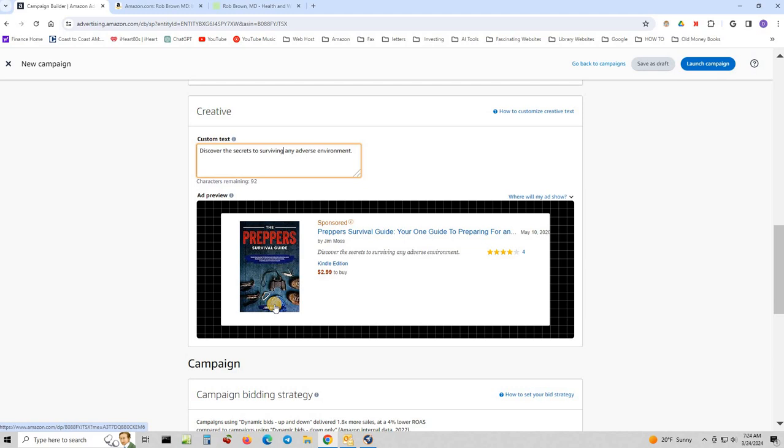So once again, I cannot reiterate: your book cover, the image, is like a display ad, and the book title, which needs to be the keyword, is your headline. So the more your book title looks like a headline, an ad headline, the more it will convert. People buy headlines. They generally don't buy books. On Amazon, they're buying headlines.